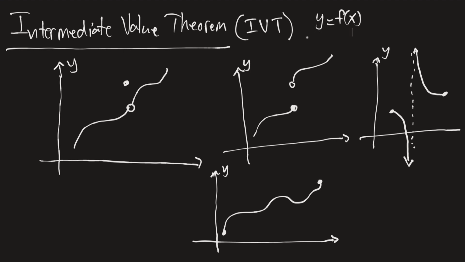Let me say that again. So here is the game. We have the graphs of these functions. Player 1 gets to pick the y value. Player 2 has to find the x value that, when I plug it into the equation of my function, I will get that y.